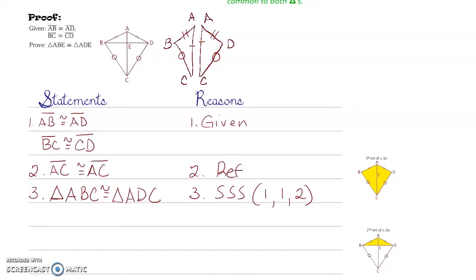Now, I am going to take these as corresponding parts, and I'm going to draw out a separate diagram for triangle ABE and triangle ADE. And I can use that AB is congruent to AD from up here.